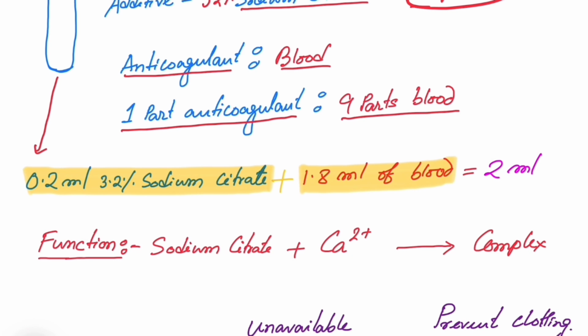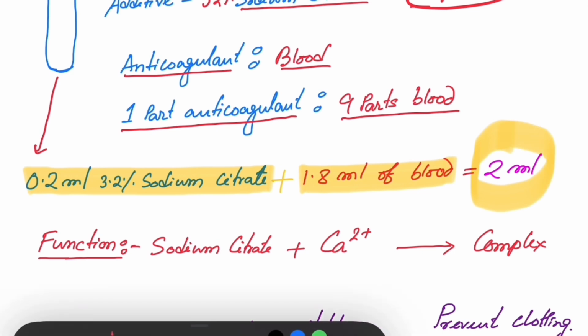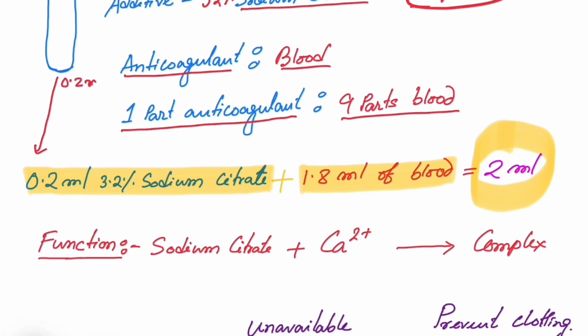With the total volume of blood and anticoagulant, it will make up 2 ml. So in this tube, around 0.2 ml anticoagulant, then the blood is 1.8 ml. So the total is 2 ml.